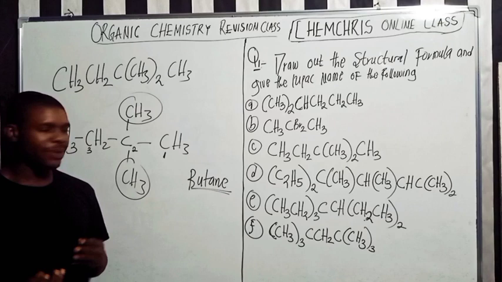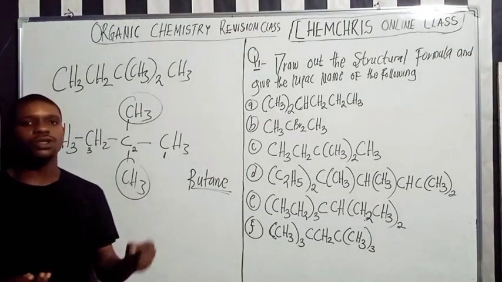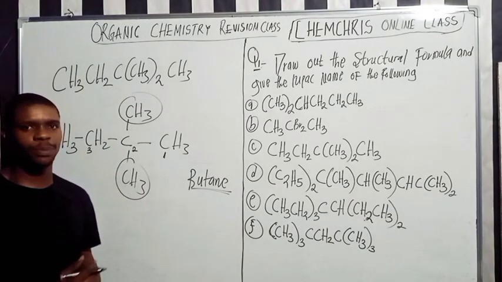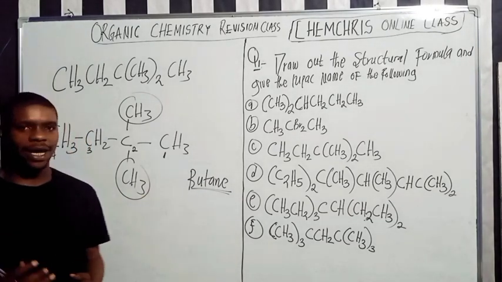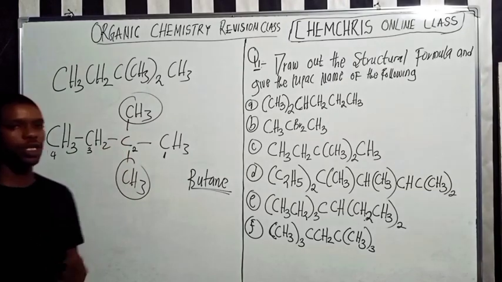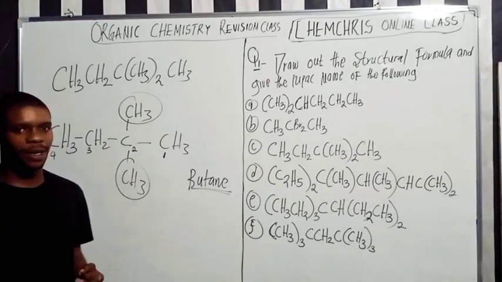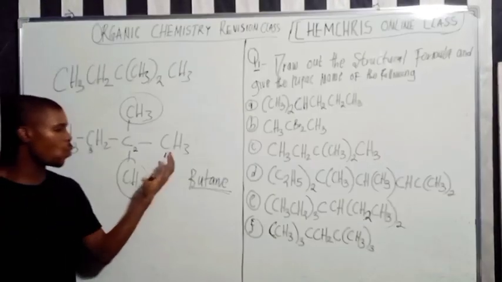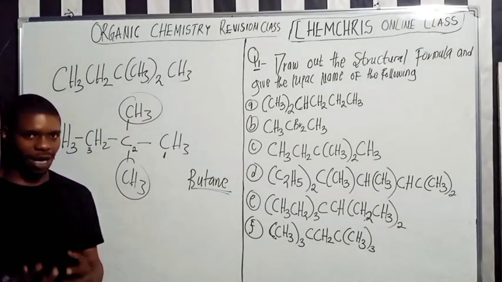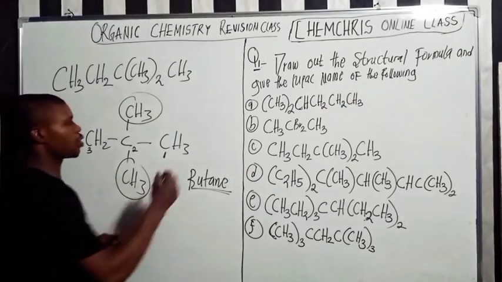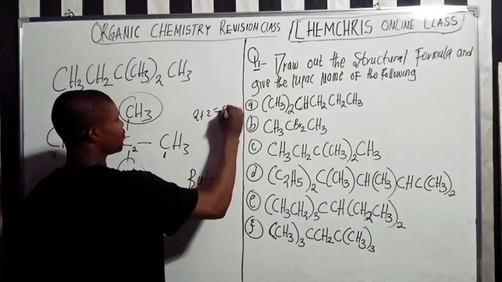Now I'll explain it again. The summation of the positions of the substituents must have the lowest possible number. What do I mean? You must number it in a way that when you sum the positions of the substituents, you get the lowest possible number. Now when I start from here, 1, 2, coming at 2 is the 2 methyl groups, right? So 2 plus 2, here we have 4.